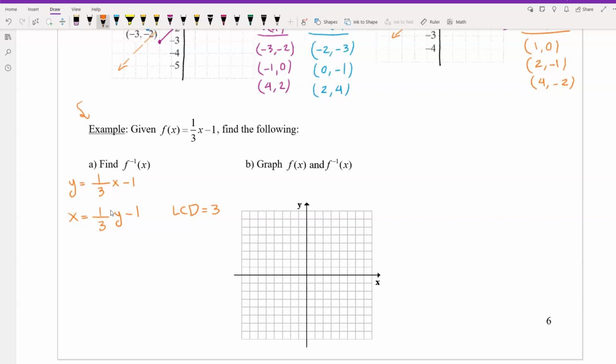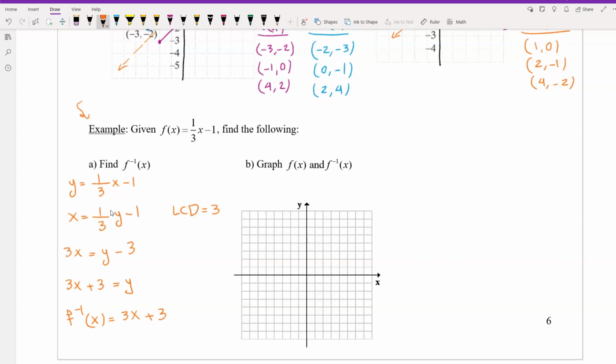Multiply both sides by 3, so we have 3 times x equals 3 times 1/3, that is 1 times y, which is y, and 3 times -1 is -3. Then solving for y, add 3 to both sides, we have 3x plus 3 equals y. And then instead of y, use f inverse. So this is equal to 3x plus 3.